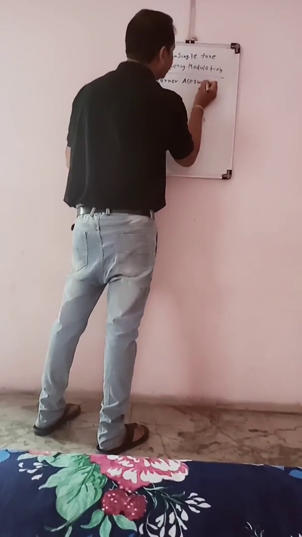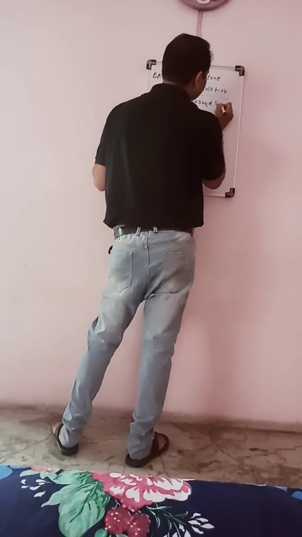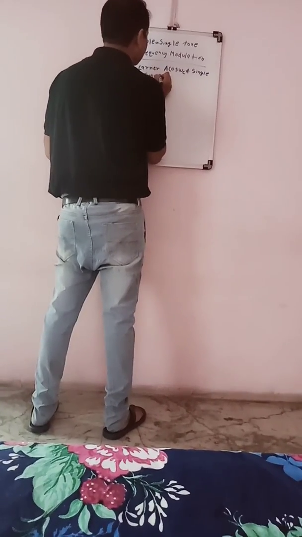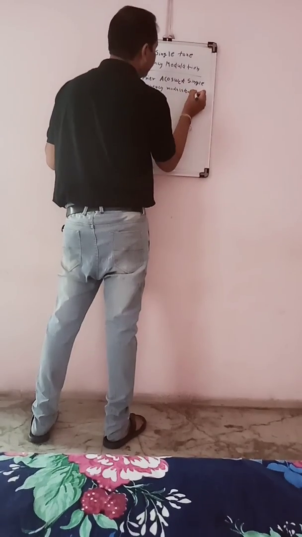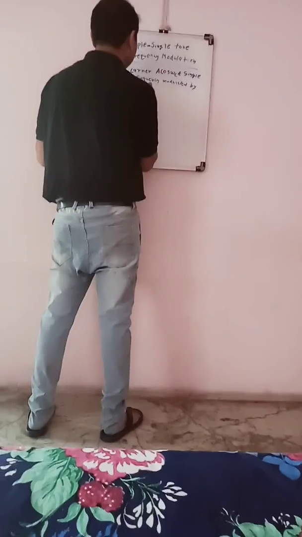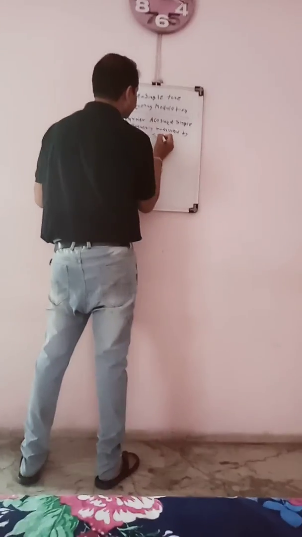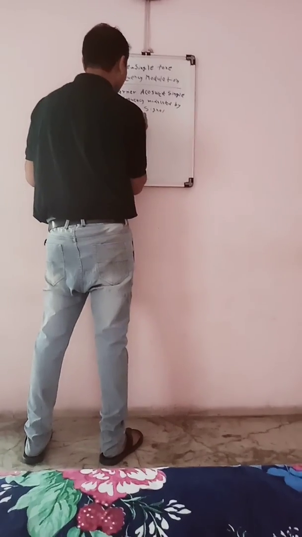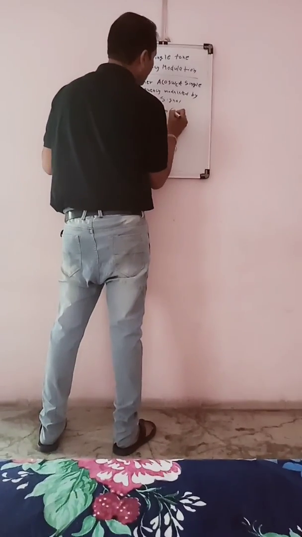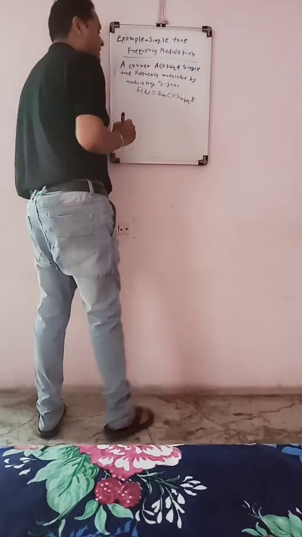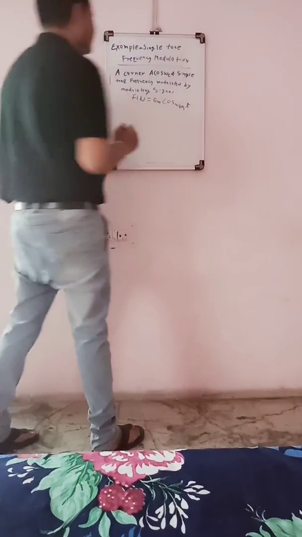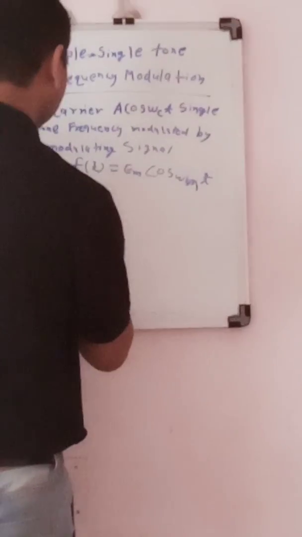We are taking the carrier A cos omega_c t, which is frequency modulated by a single tone modulating signal f(t) = E_m cos omega_m t.